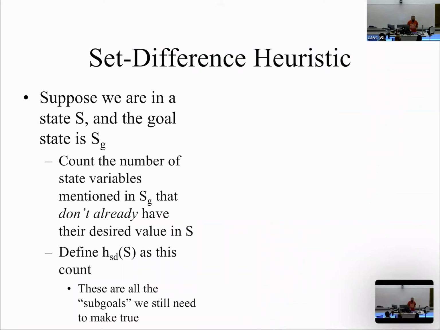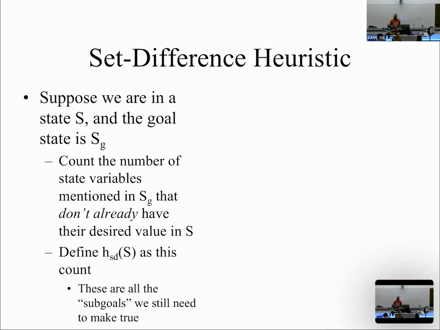Of course, the dumbest heuristic, which doesn't even require a planning graph, is set difference, where you are essentially ignoring even actions. And you're just saying, if your current state has all the goals, then it has 0 cost. If it has 2 goals missing, then it has 2 cost. If it has 1 goal missing, it has 1 cost.